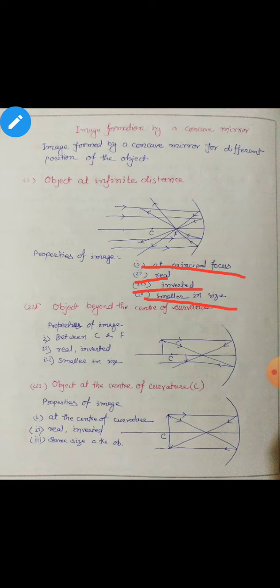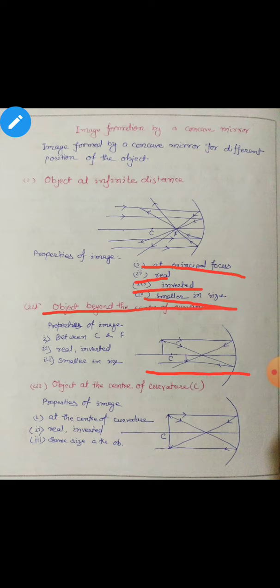After this, students, we will discuss when the object is beyond the center of curvature. In this figure, C has been drawn, and the object is beyond C on the left side of C. So in this case, again we will see two rays. The first ray is parallel to the principal axis, and we know that the ray parallel to the principal axis, after reflection, passes through the focus.